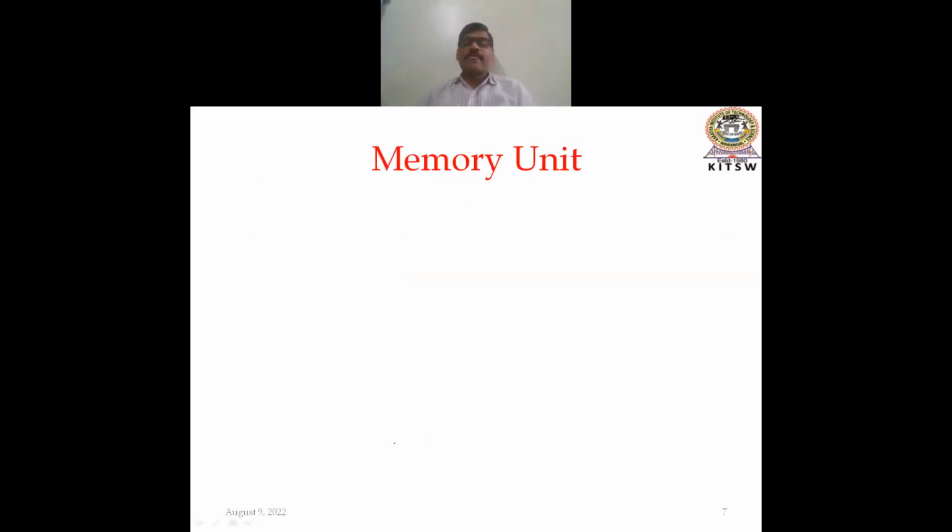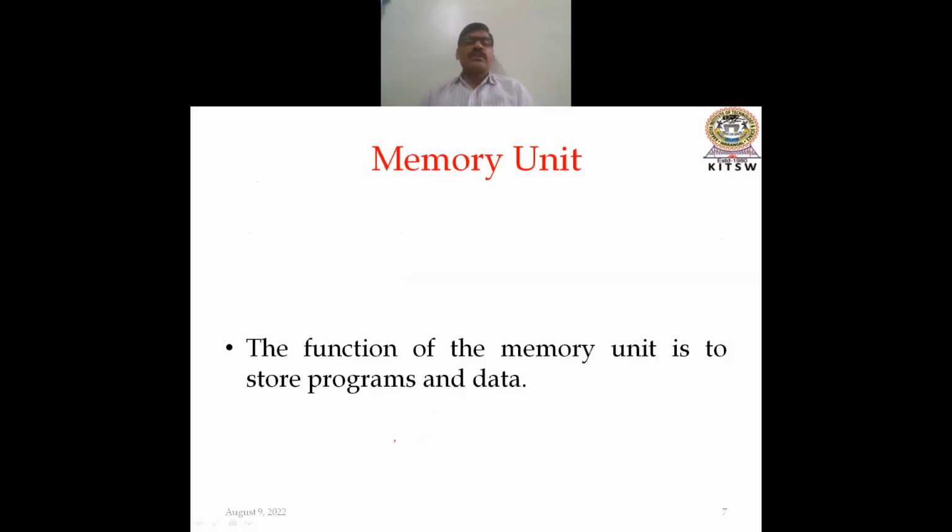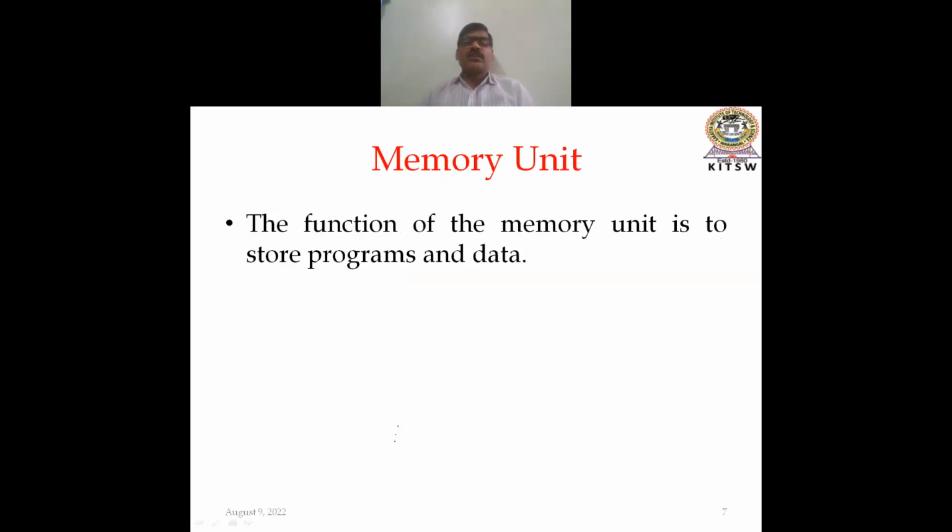Then coming to the memory unit, the function of the memory unit is to store the data and programs. Just now we have seen that a program is a set of instructions stored within the memory to solve a particular task.